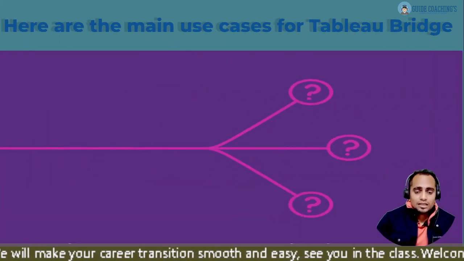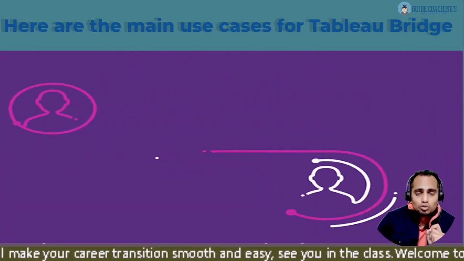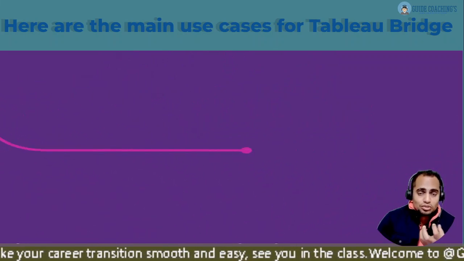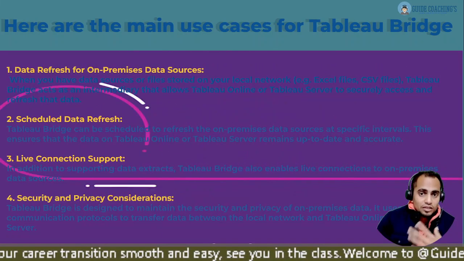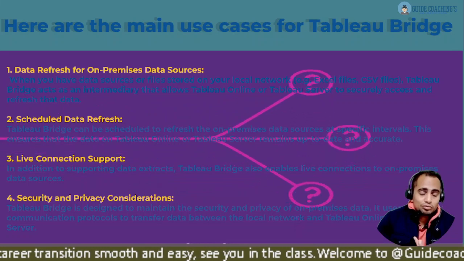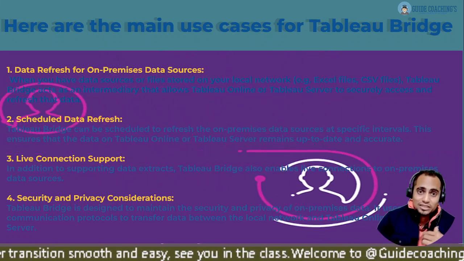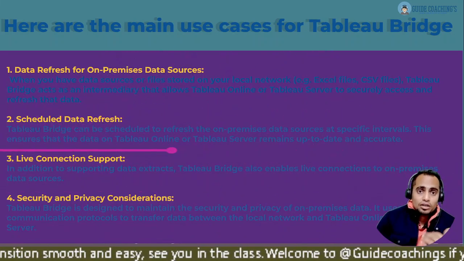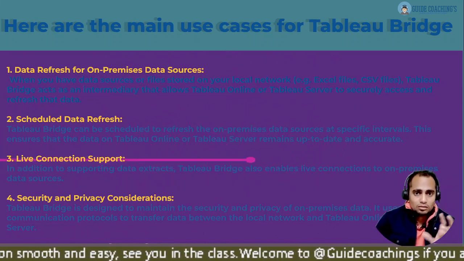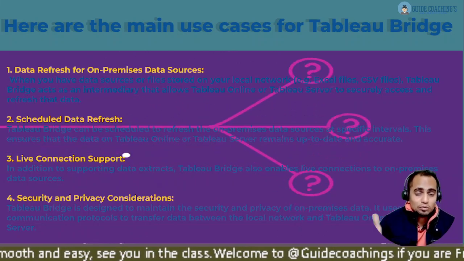Here are some main use cases for Tableau Bridge. What are the important use cases? Here are four which you can tell in the interview if the interviewer is asking you directly about the Tableau Bridge or about connecting local data to your Tableau server.